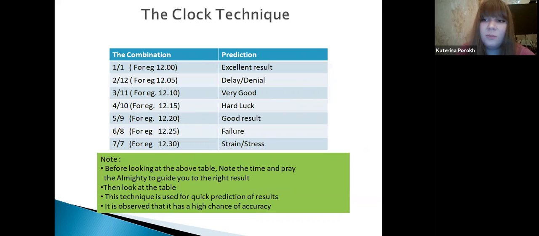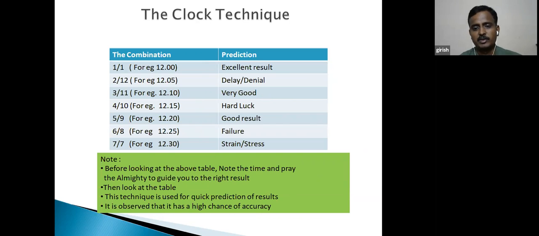Then look at the time. It gives you very quick, accurate results. The only thing here is you have to have stillness. That means you have to focus before you look at the time and also look at this table.